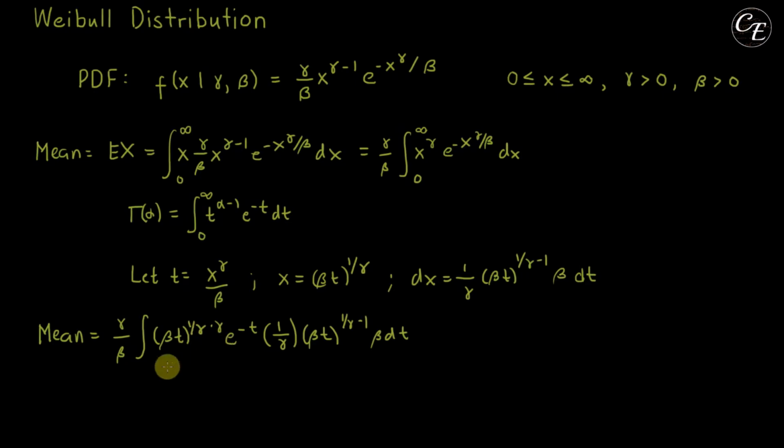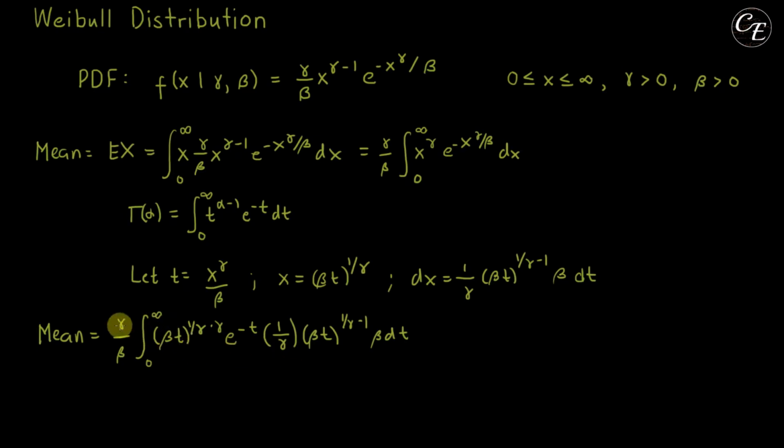Now for the limits, since this is in terms of t while this one is in terms of x, if x is 0, in here 0 raised to a constant greater than 0 is still 0, and 0 divided by a constant greater than 0 is still 0. So we have here t is 0. Then if x is infinity, infinity raised to a constant greater than 0 is still infinity, and infinity divided by a constant greater than 0 is still infinity.